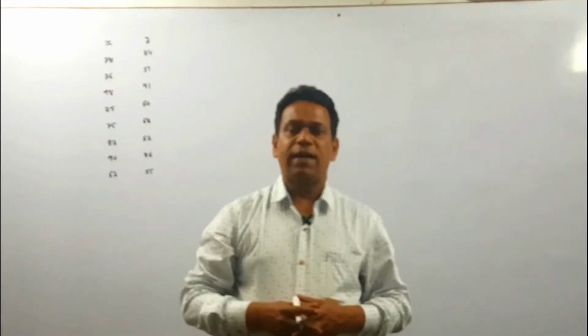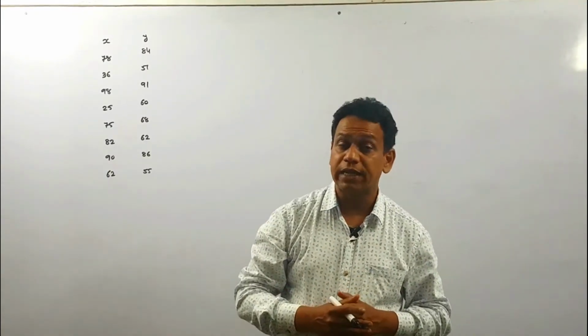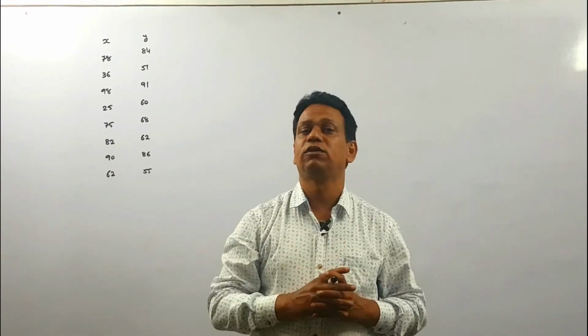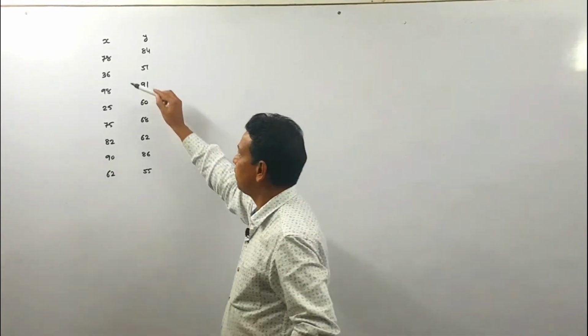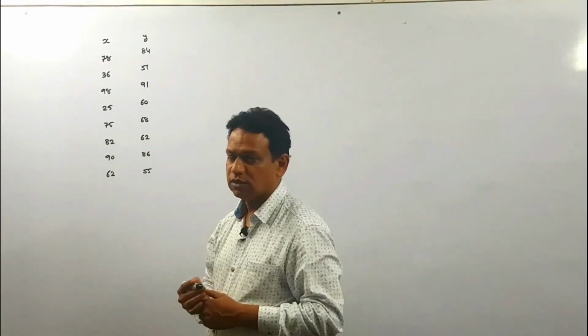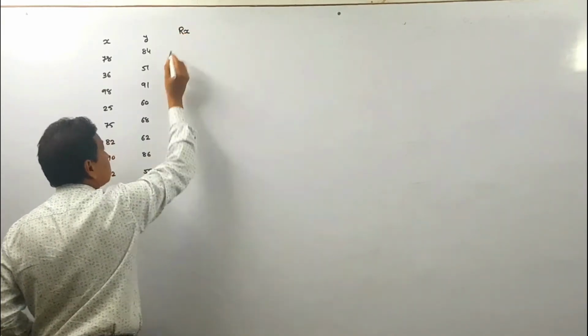My dear friends, in Spearman's rank correlation method, we have to assign ranks to the observations. So first of all, we make our first column, called Rx.